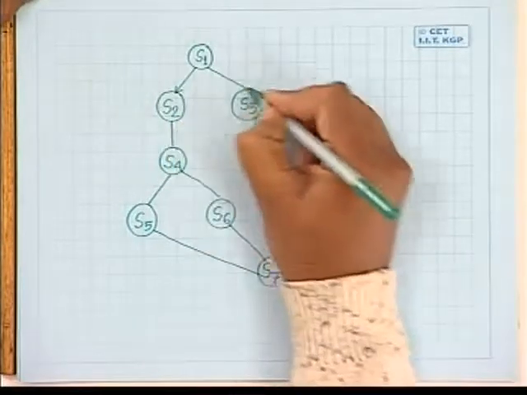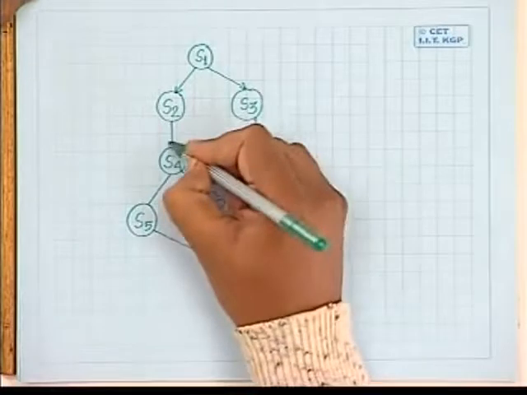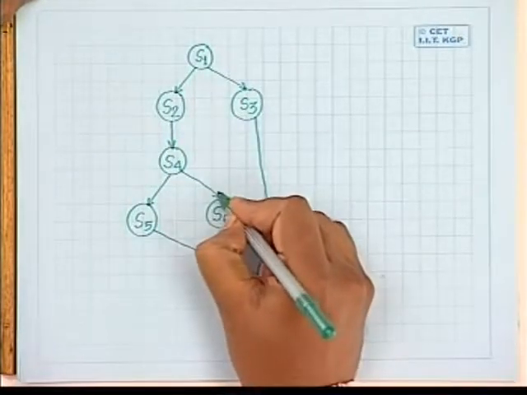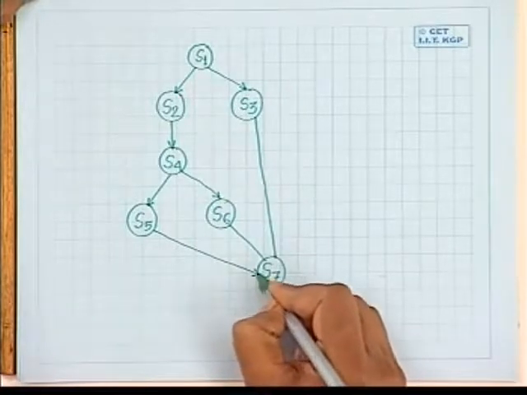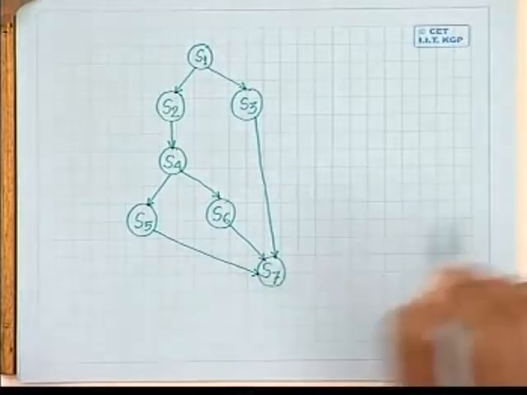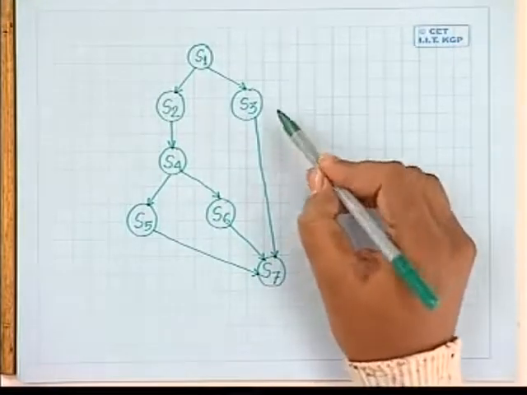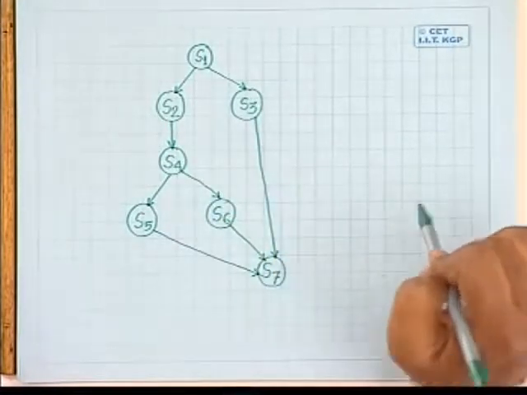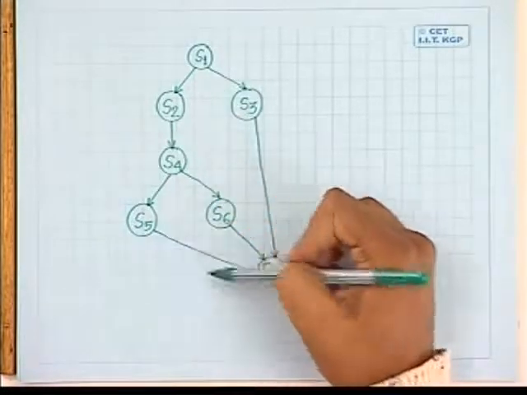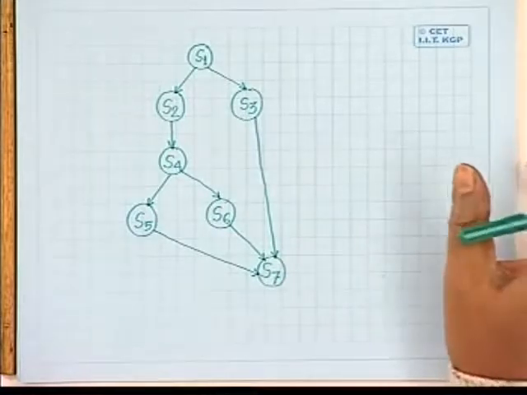So this is the precedence relation. This entire graph represents a complete task, whereas every node or every vertex in the graph represents a subtask of the complete task, and the graph represents the precedence relation among those subtasks.